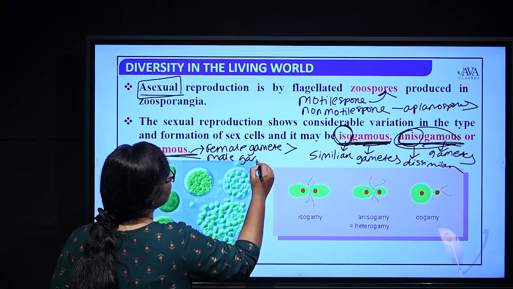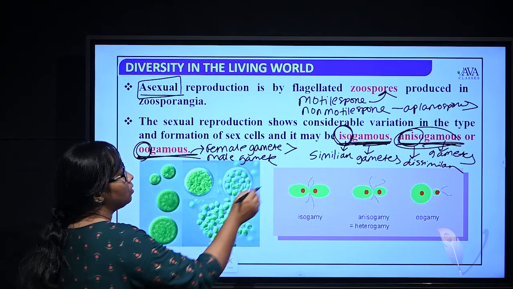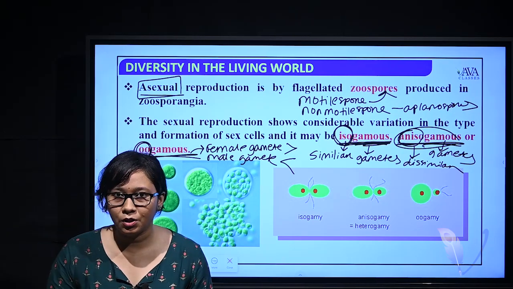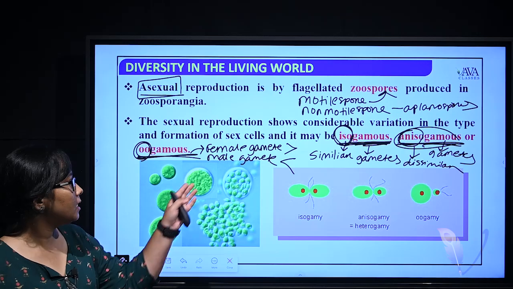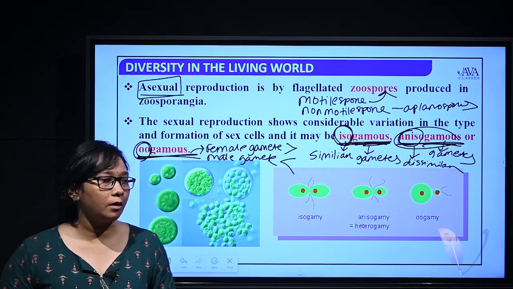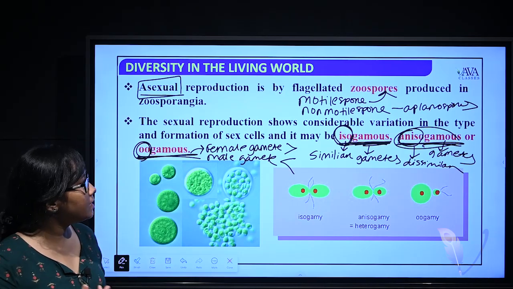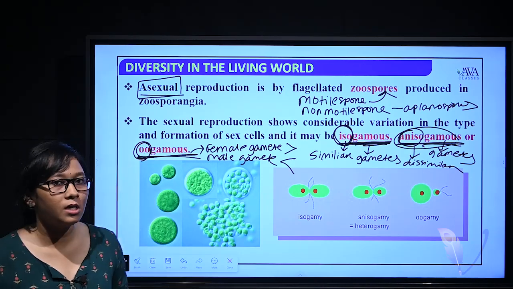Female gamete is generally your larger one and male gamete is generally your smaller one. Clear? And how the gametes fuse and what those processes are called?